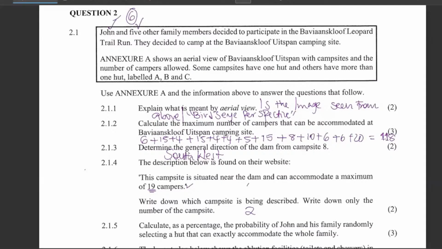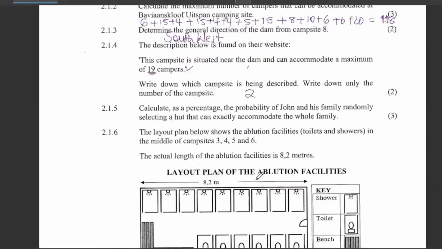The probability is 1 out of 9. They said as a percentage, so we multiply 1 out of 9 by 100.